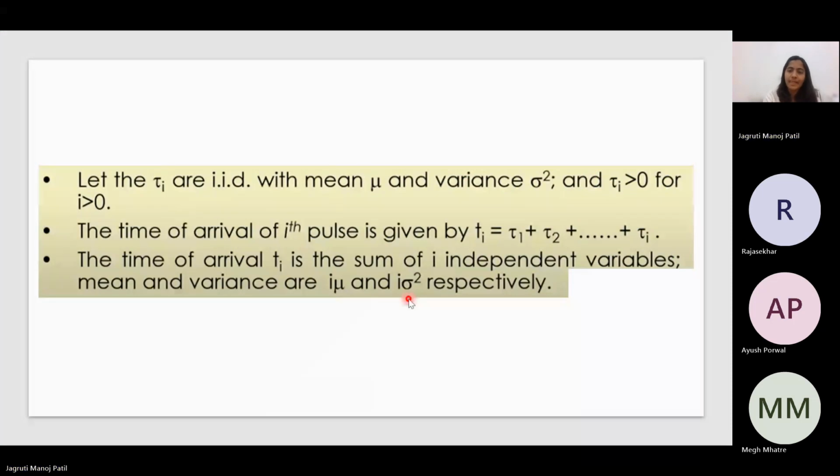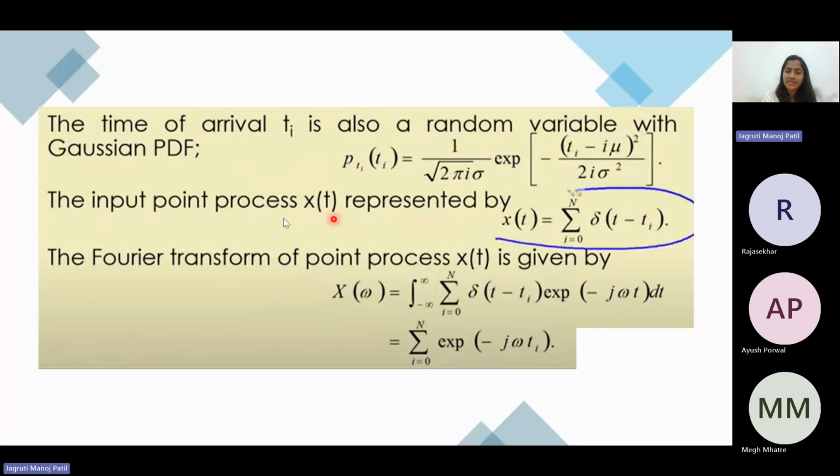Okay. So what we see is that the input point process, x of t, is represented by this train of impulses that we have. Now the Fourier transform of this point process can be given as follows. You know the definition of the Fourier transform: it's nothing but the signal times exponential e raised to minus j omega t. It is quite obvious that if you take the Fourier transform of an impulse with respect to an exponential or some other signal, you will only get the output at t equals ti, where the impulse is defined.